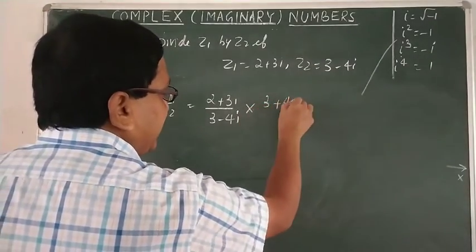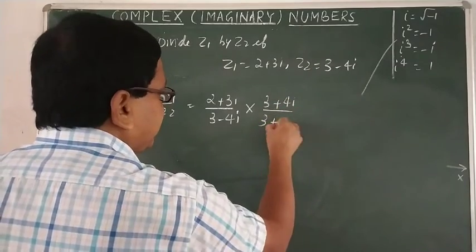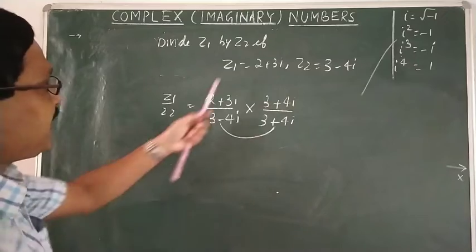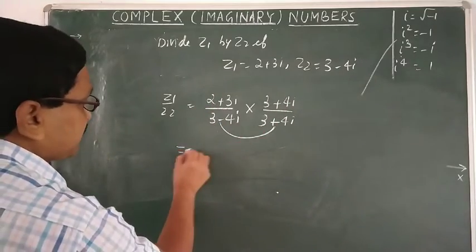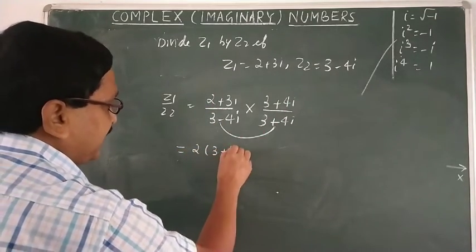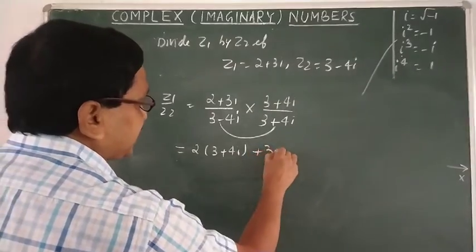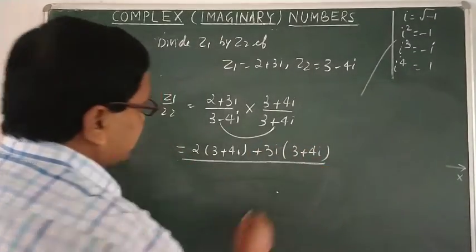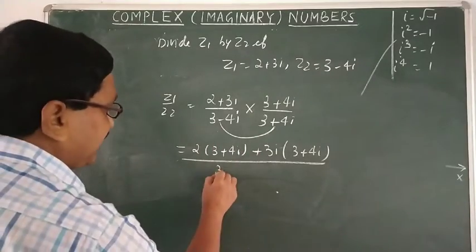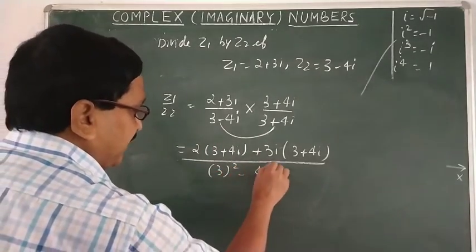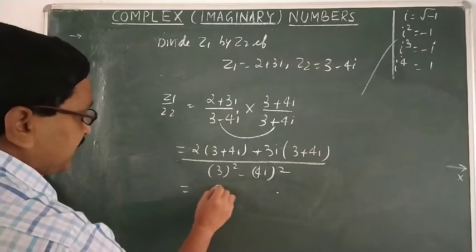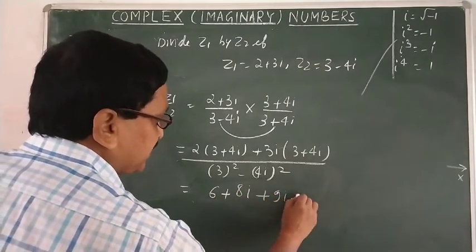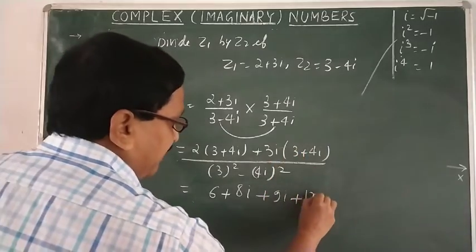Multiply by 3 plus 4i over 3 plus 4i. Now multiply as earlier: 2 times 3 plus 4i plus 3i times 3 plus 4i, over (a plus b)(a minus b), a square minus b square.